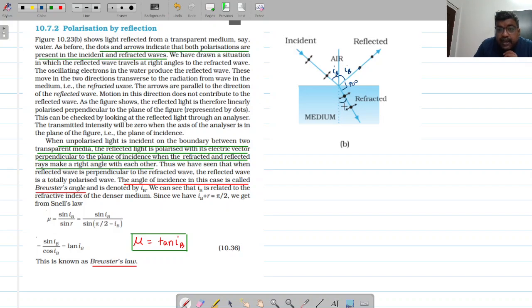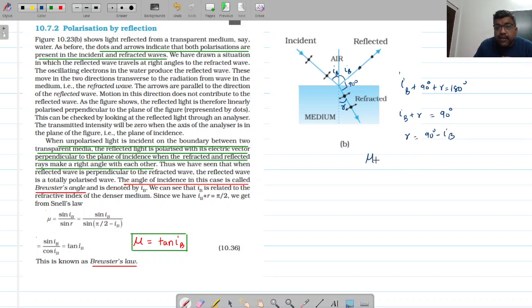This angle is R. So in this direction, you have IB, 90 degrees and R. So IB plus 90 degrees plus R will be 180 degrees. So that means IB plus R will be 90 degrees, or R is equal to 90 degrees minus IB.